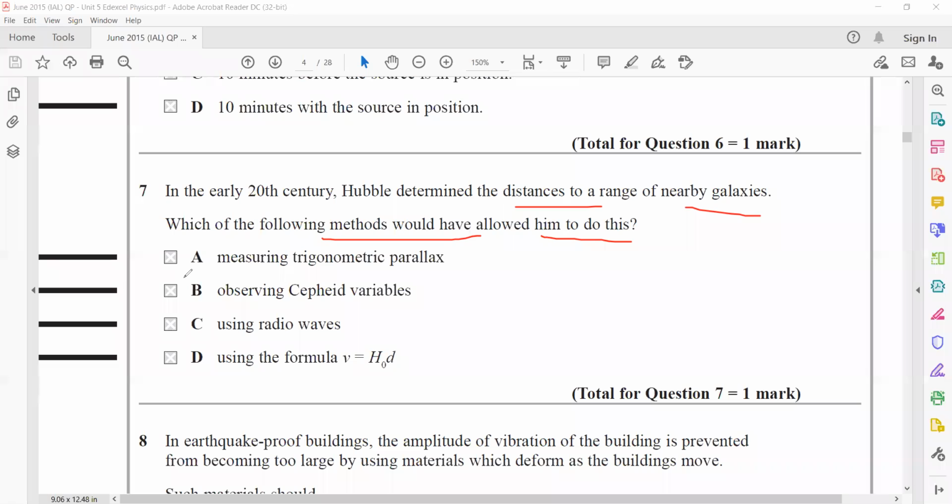So B is the right answer. He collected the data and later used V is equal to H naught times D, but he observed Cepheid variables and worked out the distance to nearby galaxies.